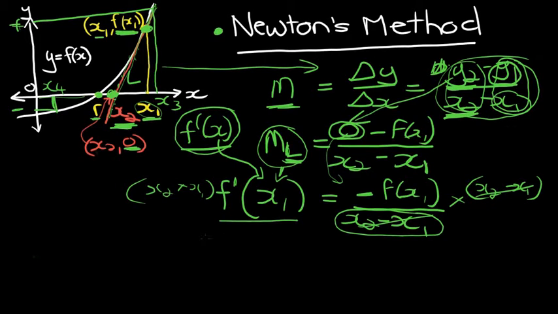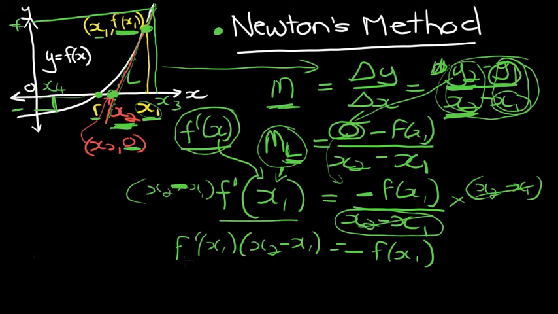So let's write it like this: f'(x1) times x2 minus x1. Remember, this is x2 minus x1. You're going to write there, and this is negative f(x1). And then we're just going to divide away this f'(x1), the derivative, on that side, and divide this side as well. Then you can cancel that out.